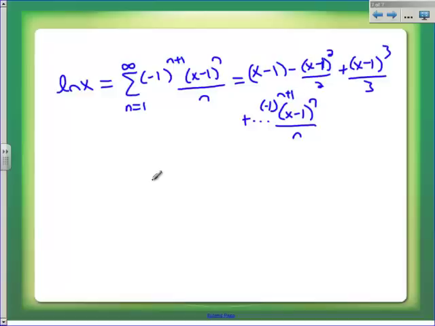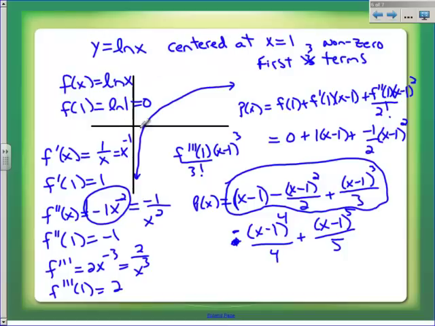Okay, now this one, however, we're going to find out in a couple days, we can't just find the natural log of 7 from this. You see, if we go back to this graph, natural log of x, 1 unit away from our center, we had a vertical asymptote. That means that we are only going to be able to also go 1 unit to the right.